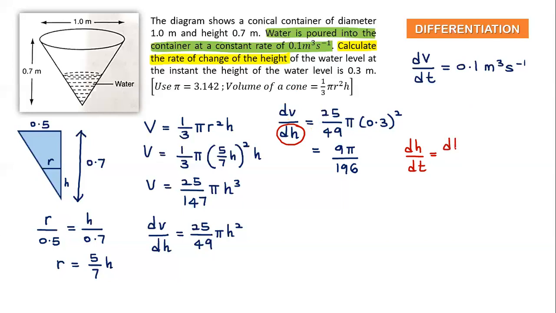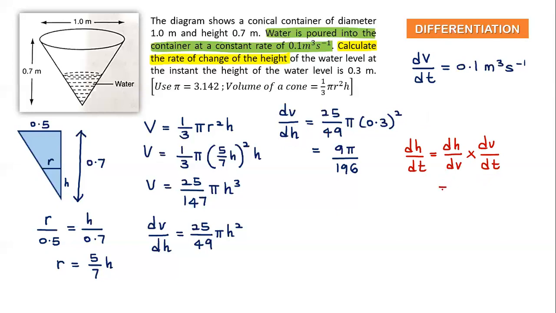So it's dh/dV times dV/dt. The formation is very simple. You see dh should be on top and dt should be at the bottom. Once the formation is there, you can use the chain rule.